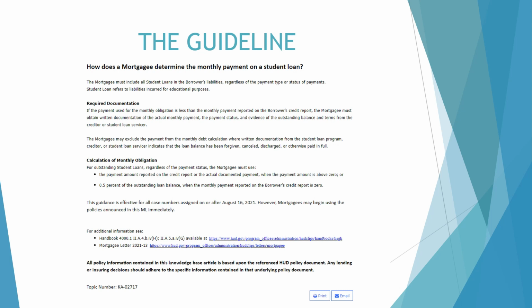I could see mortgage professionals trying to use the income-driven payment plan of 0 for this guideline to qualify, but you cannot use that. Or 0.5% of the outstanding loan balance when the monthly payment reported on the borrower's credit report is 0.